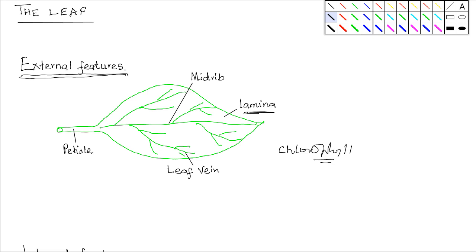There are veins in the midrib. The midrib and branching from the midrib are the veins. If this was a monocotyledonous leaf, then there will be no branching from the midrib. Instead, there will be many ribs that are parallel to the one at the center.